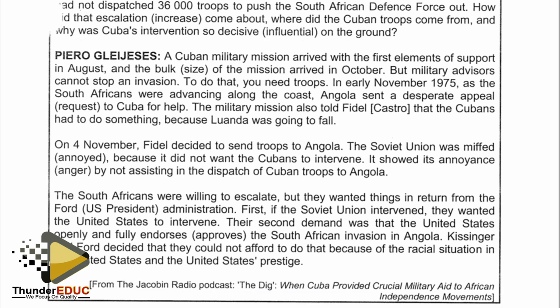It says, in early November 1975, as the South Africans were advancing along the coast, Angola sent a desperate appeal or request to Cuba for help. We are taking this information here that Cuba deployed 36,000 troops to Angola after Angola sent a desperate appeal.